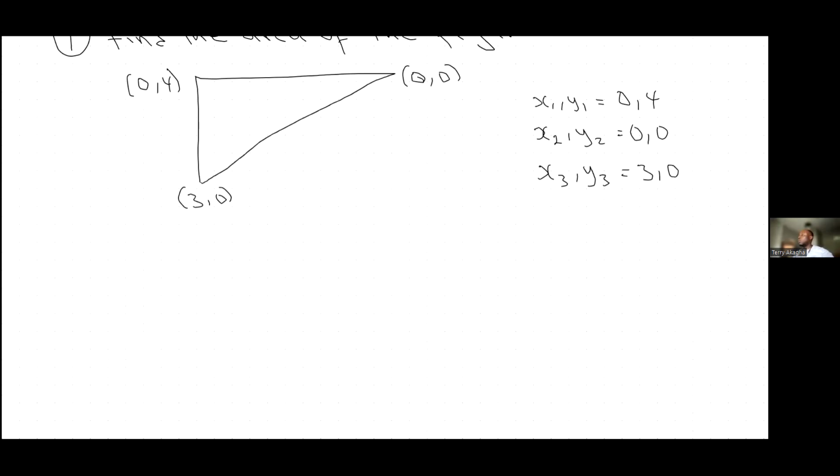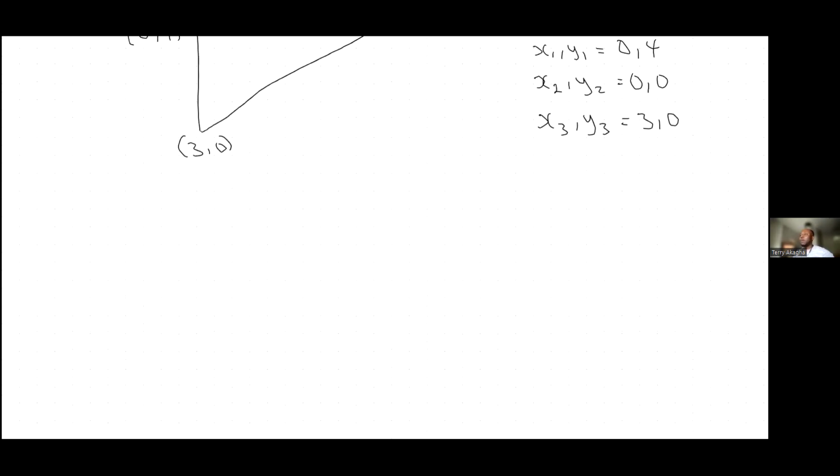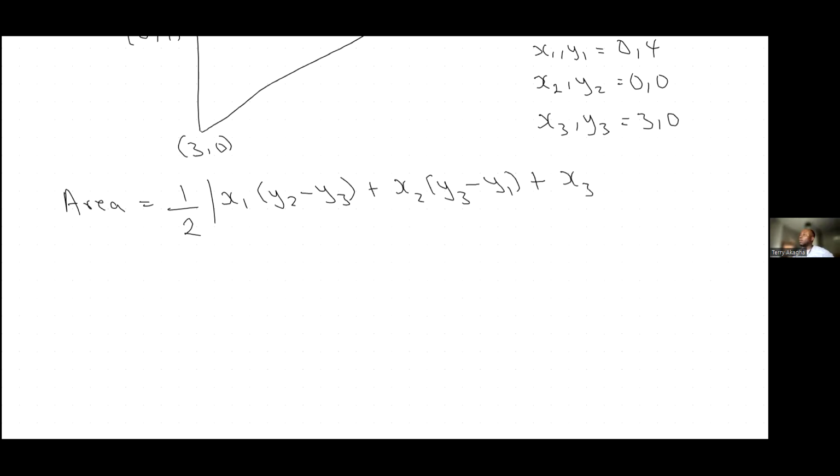So let us write down the formula. We know that the area is equal to 1/2 the absolute value of x1 (y2 minus y3) plus x2 (y3 minus y1) plus x3 (y1 minus y2), all absolute value. So we're going to put it now in the formula.